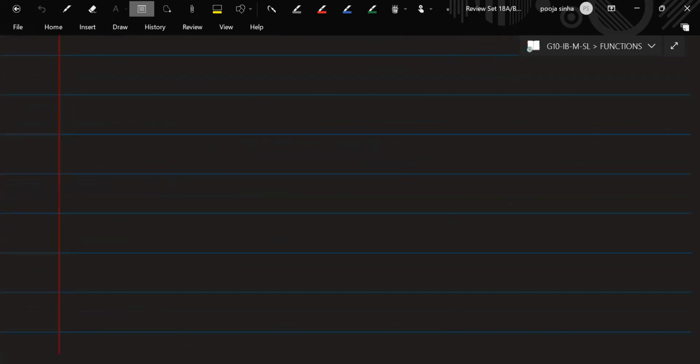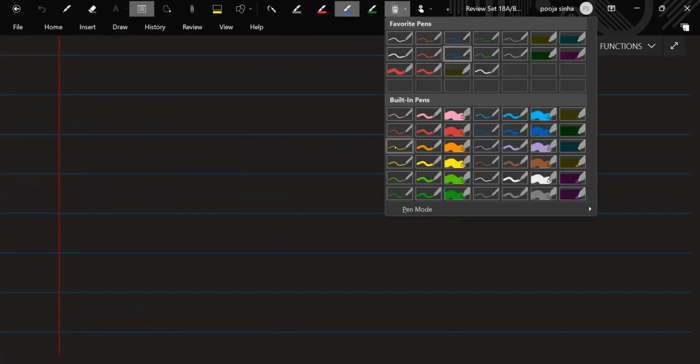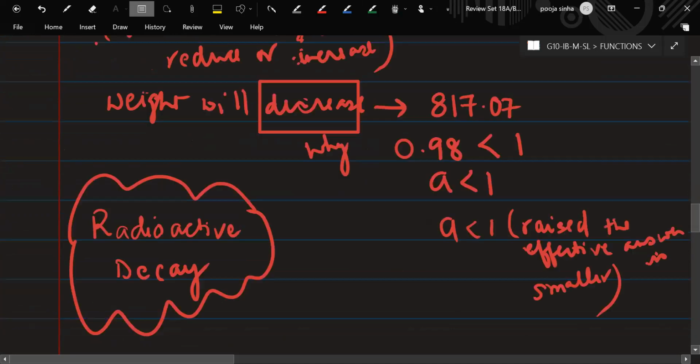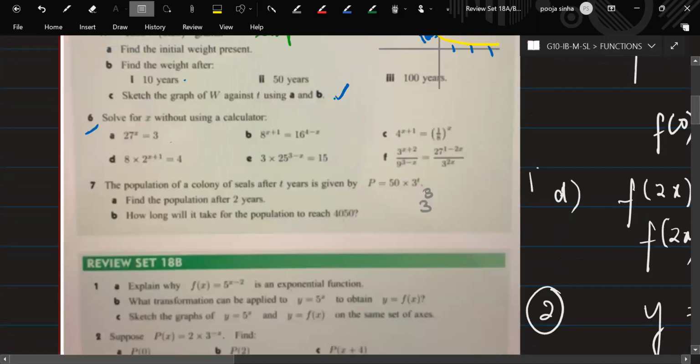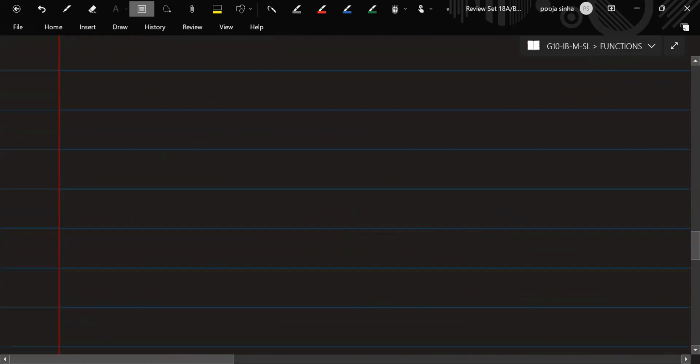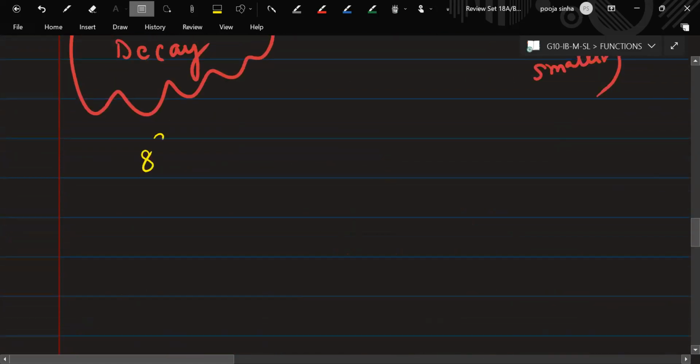So, miss, here you can bring it to the same value. Do you remember the question? 8 raised to power x plus 1 and 16 raised to power 4 minus x.